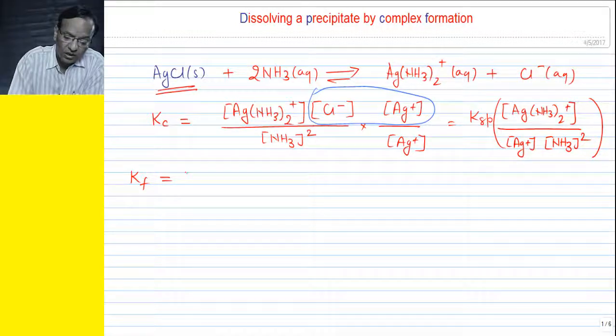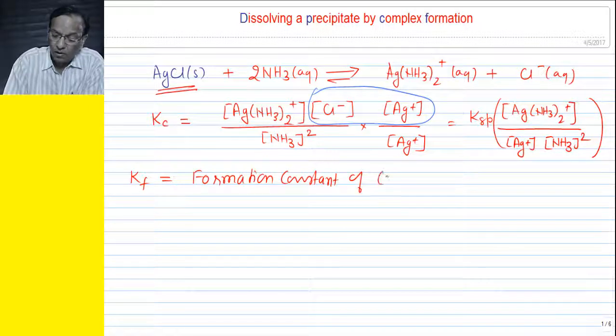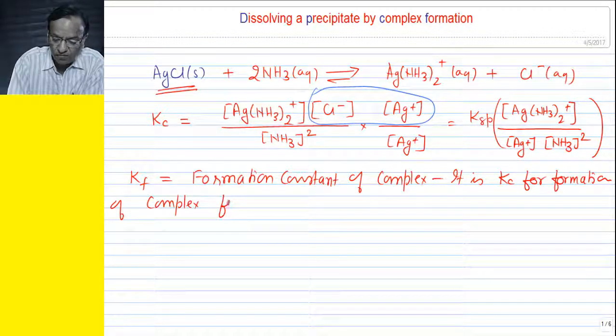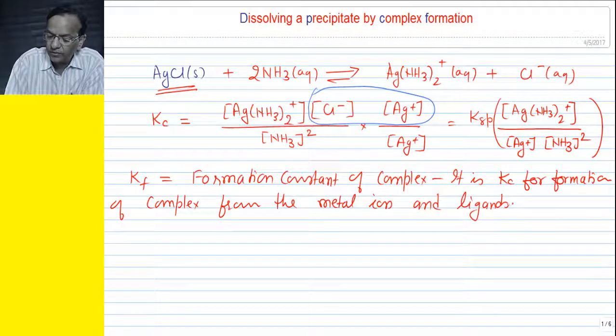The quantity in the bracket is called formation constant Kf of the complex. Kf, let us define once. Kf, which is read as formation constant of complex, is Kc for the formation of complex from the metal ion and ligands.